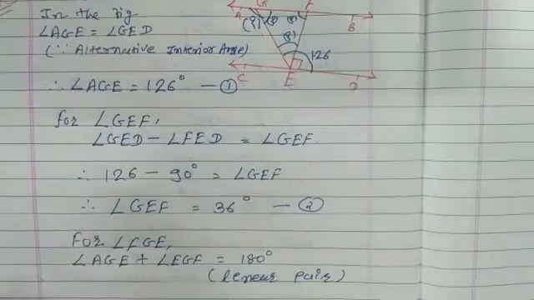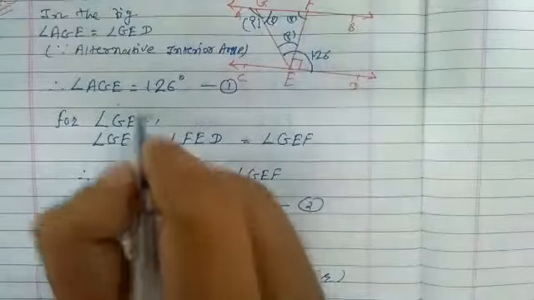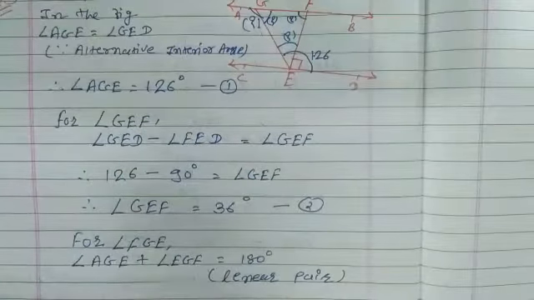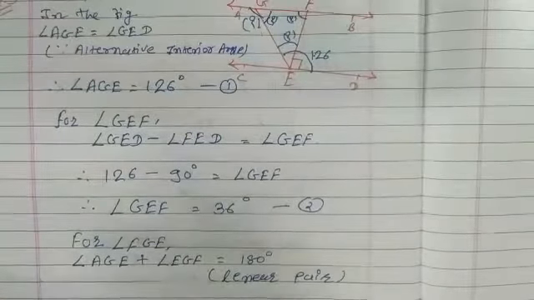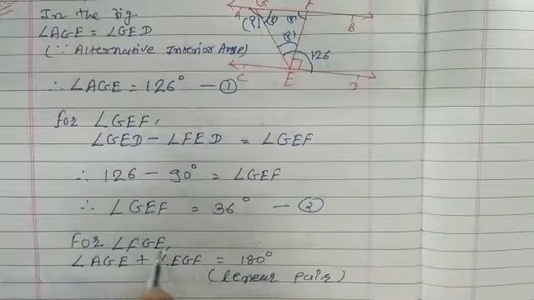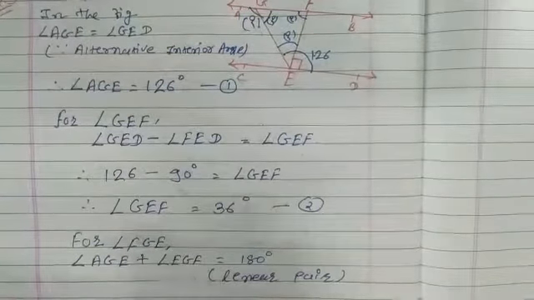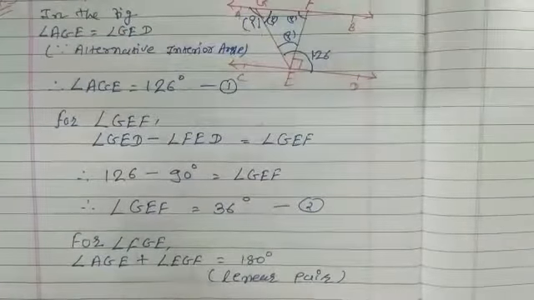That's why now we have angle AGE, which is 126. So 126 plus angle EGF, that means FGE, is equal to 180 degrees.